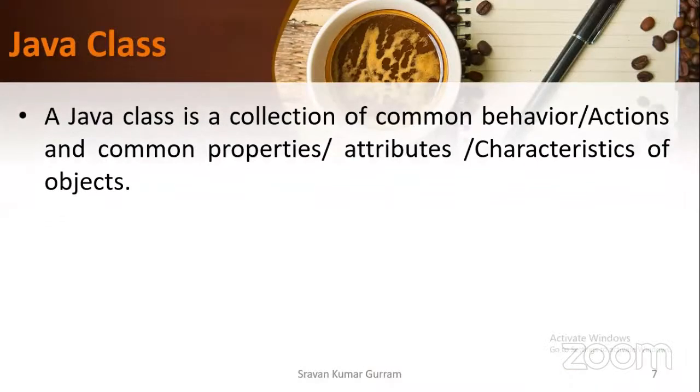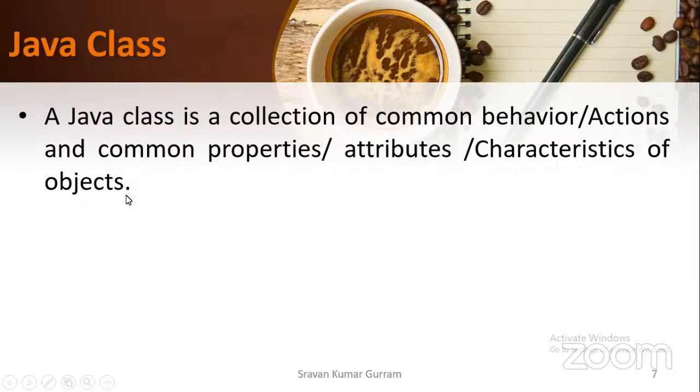See the definition of a class in Java. A Java class is a collection of common behavior or actions, you may use either word, and common properties, or you can use the word attributes or characteristics, of the objects.